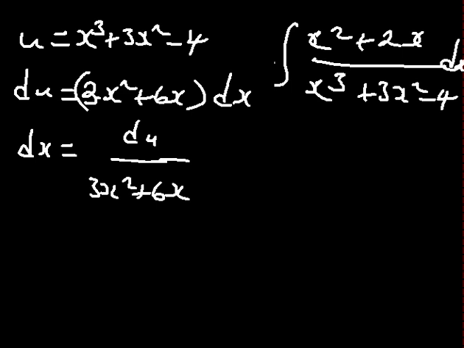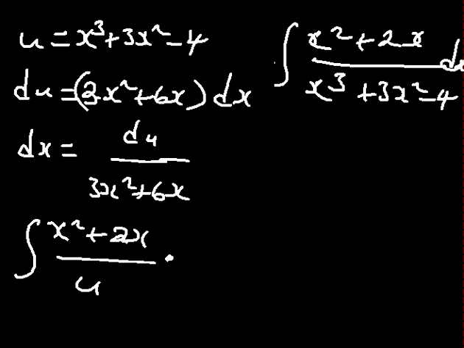So that is, I'll have to substitute into the expression, in the sense that we'll have the integral of x² + 2x divided by u, times du over 3x² + 6x.